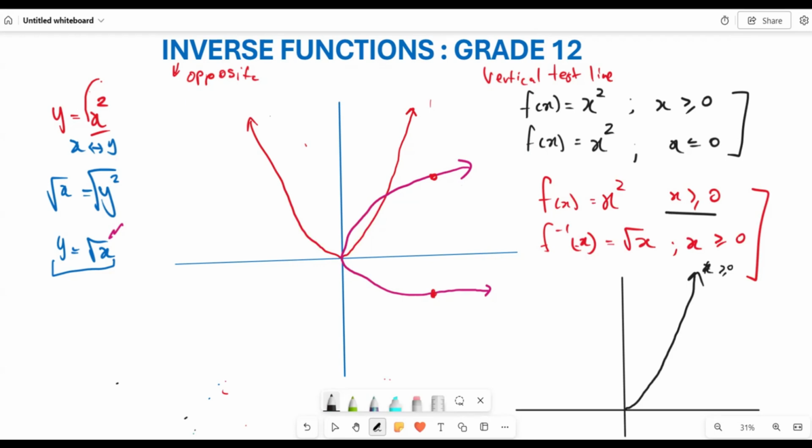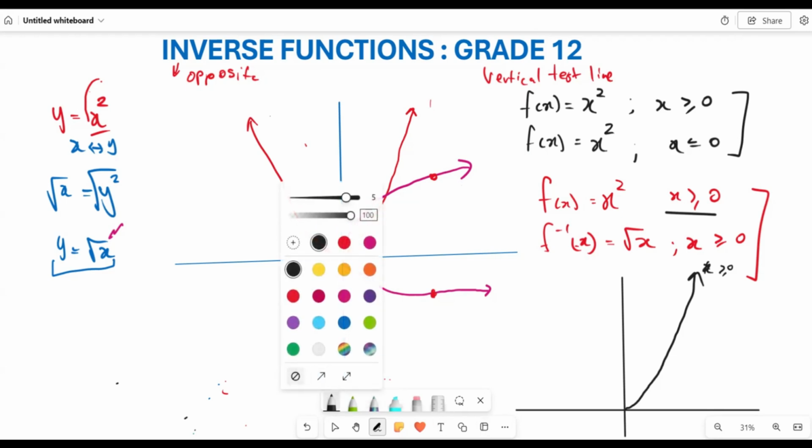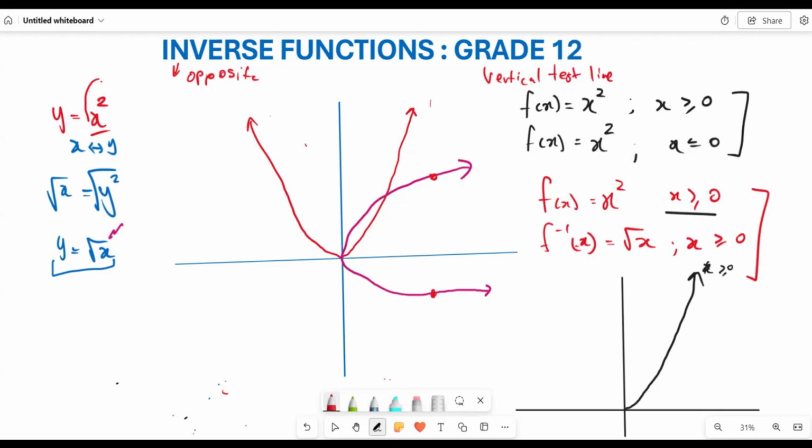We are going to consider only the part in our first quadrant. If you look at it here, can you see that it was this one? So even this one will look like this. Are you together? So the inverse function of this, if I draw my dotted line that represents the inverse, will look something like this.